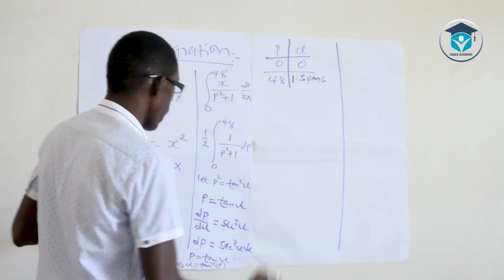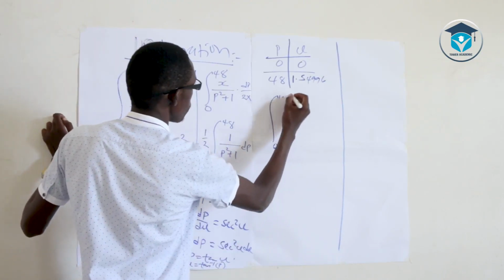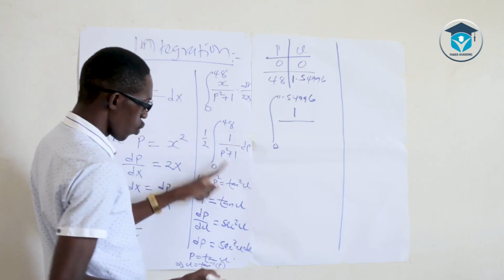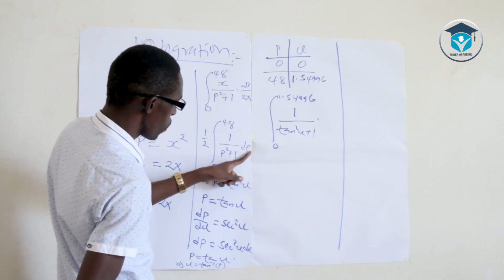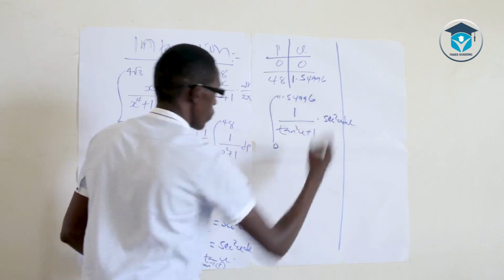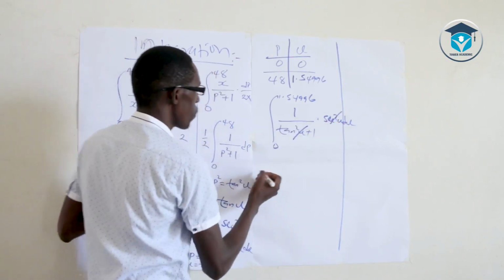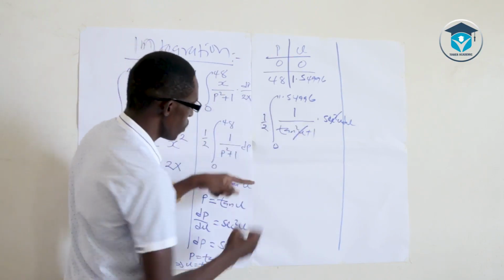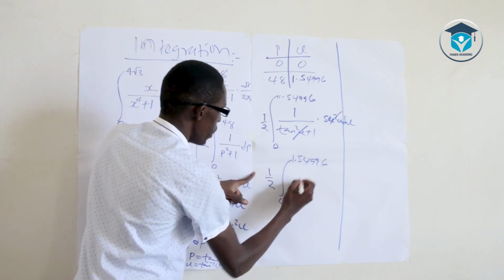Then we go back and integrate from 0 to 1.54996 of 1 over tan squared plus 1 with respect to p, but our dp is sec squared with respect to u. We know very well that sec squared is the same as tan squared plus 1, so these two cancel. Remember we had our half, which is out; we shouldn't forget it. So we have a half integral from 0 to 1.54996 with respect to u.